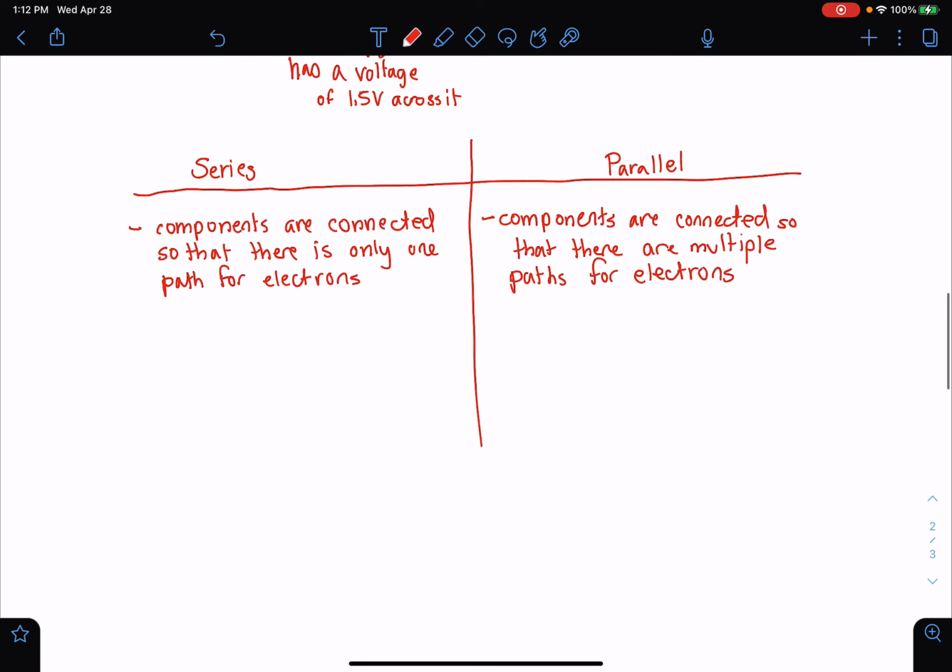So let me draw a picture of each so you can kind of see what makes them different in how they appear. So for series, say you have your battery here. Say you have like two resistors in series, it might look like this.